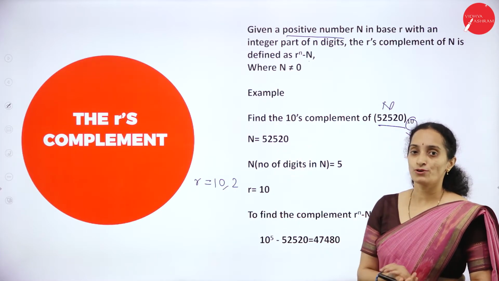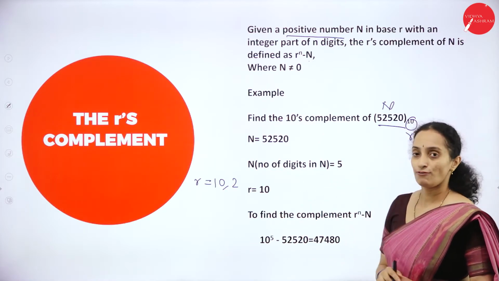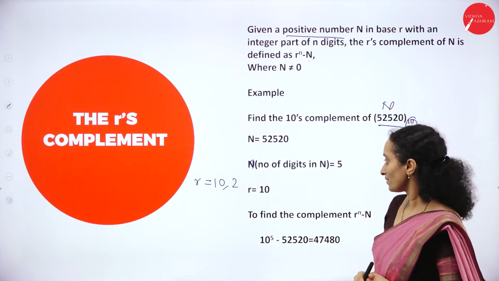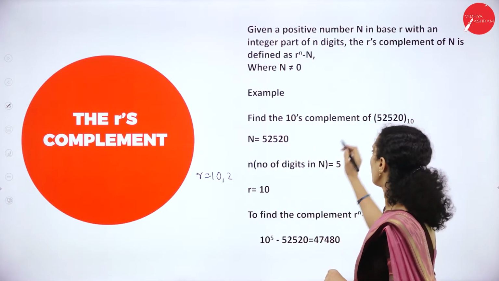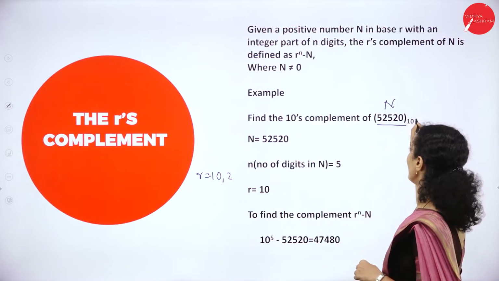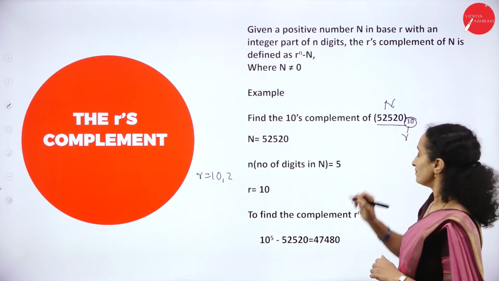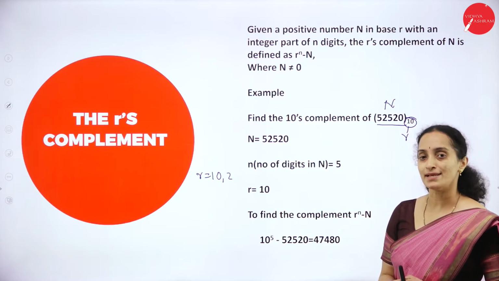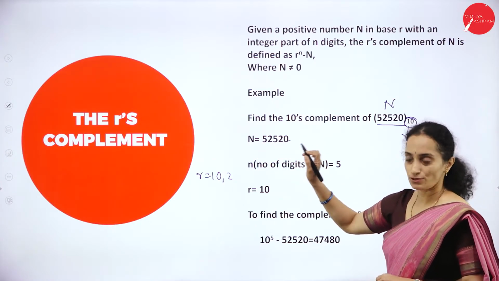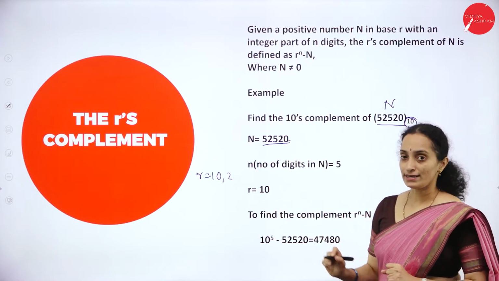N is 52520, and the lowercase n is 5, the total number of digits in N. R is 10.